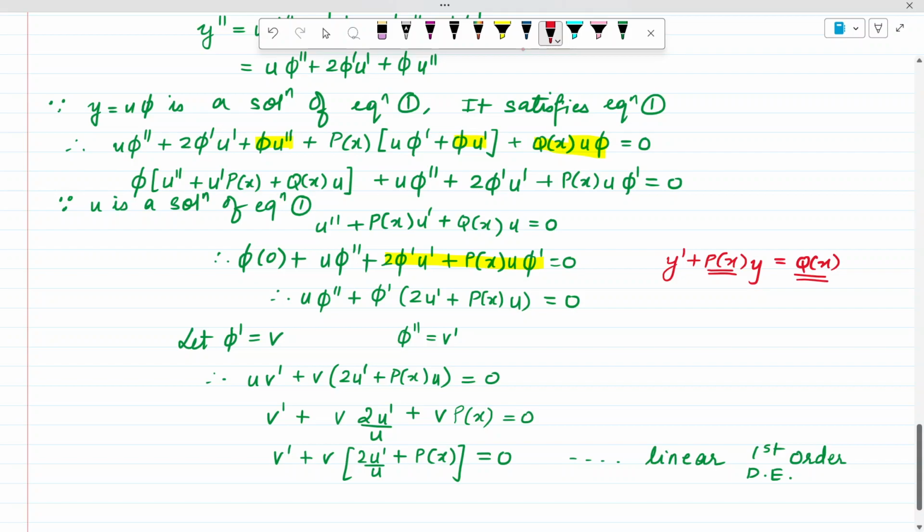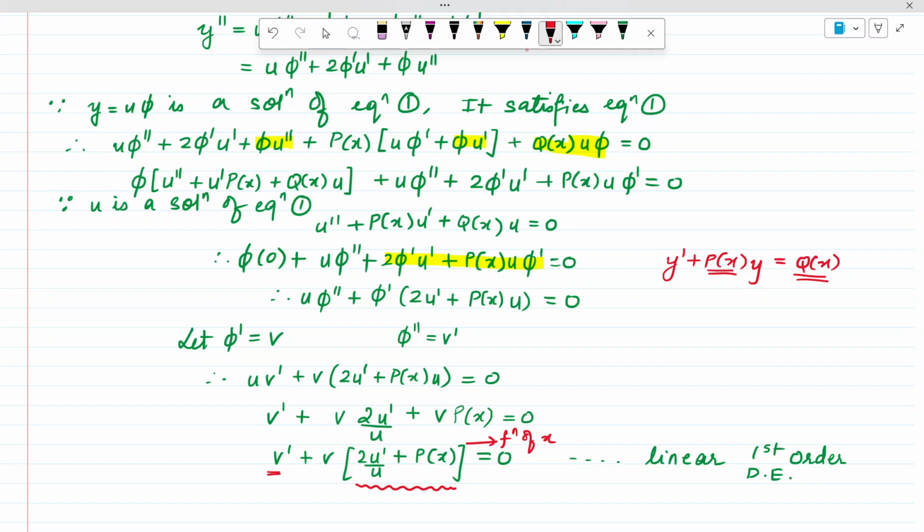Now we are working with v dash, so the coefficient part should be strictly a function of x itself, not a function of v. The v is already out, since we had taken u times phi dash common, so v dash corresponds to phi dash. So phi will not repeat inside the bracket. Are you understanding? So this strictly will be a function of x alone. Can I say that?